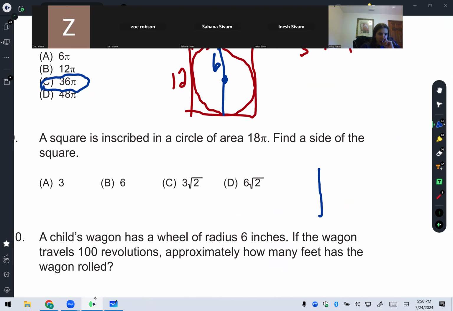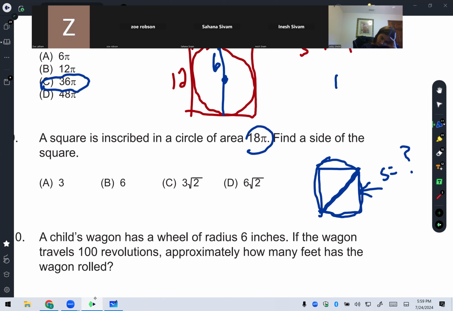Okay, ready? This time we have the square in the circle. Now the diameter of the circle will be the diagonal of the square. We're supposed to get a side of the square. So we have the area of the circle, so let's get the radius like we always have to do.